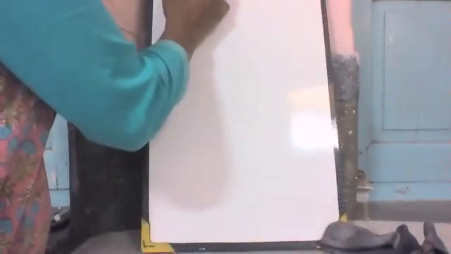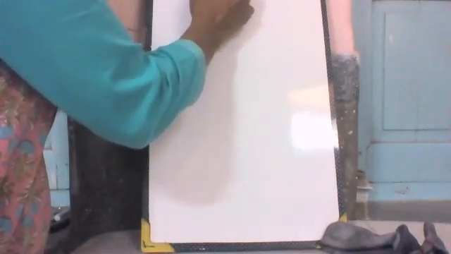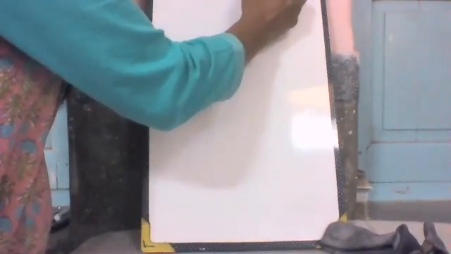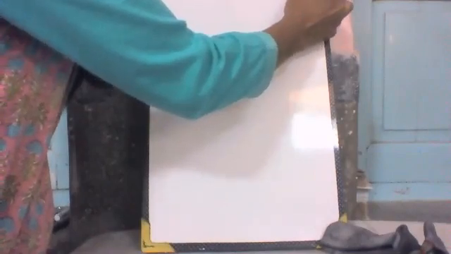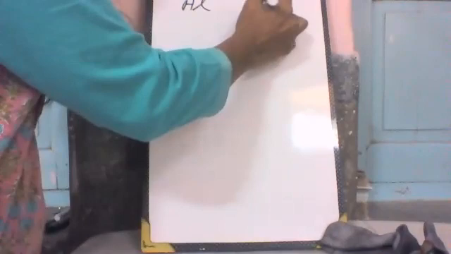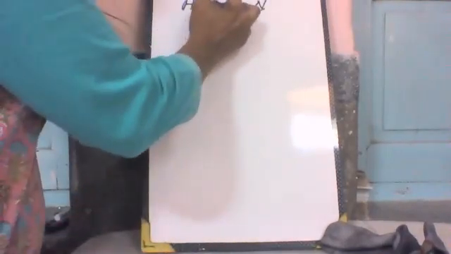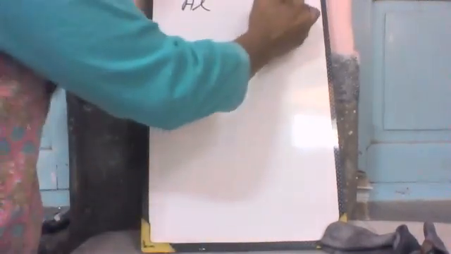Next is aluminium nitride. First write the symbol of aluminium, then the symbol of nitride. Aluminium has +3 valency and nitride has -3 valency.